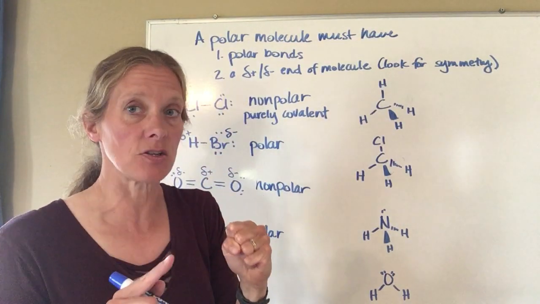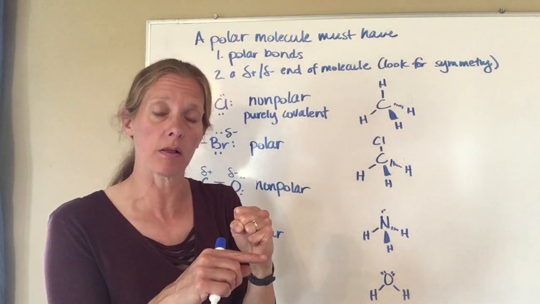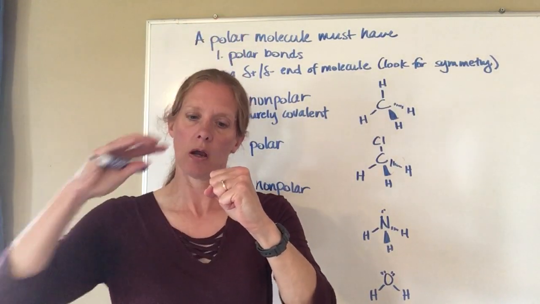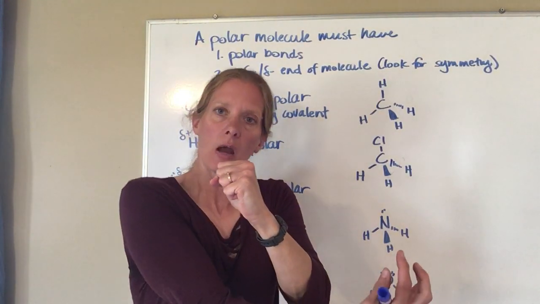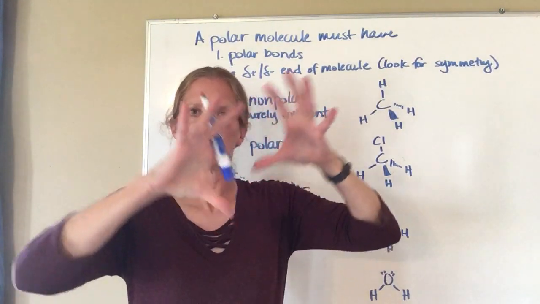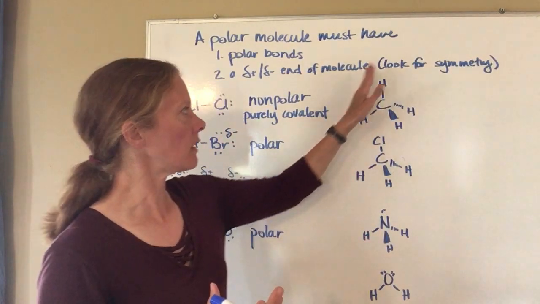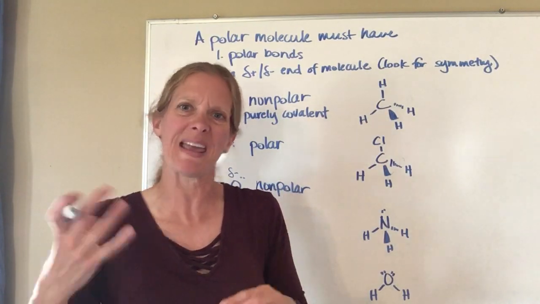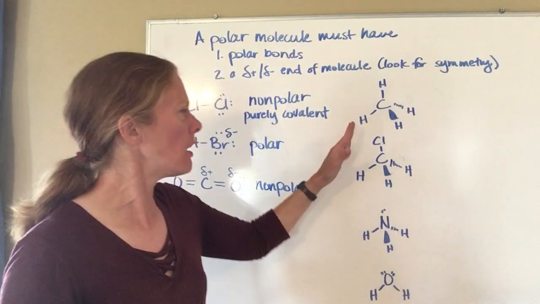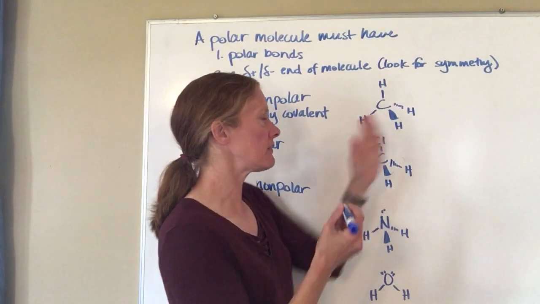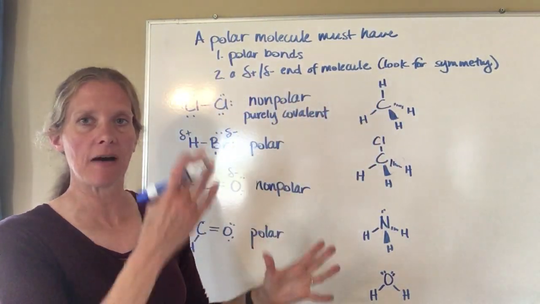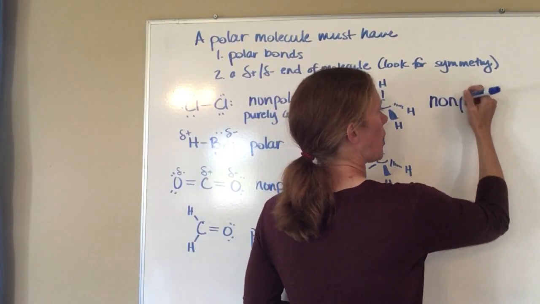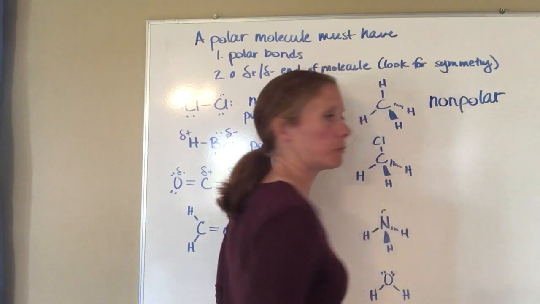If you watched the video where the gentleman had all of the really nice models, you see that the carbon's in the middle, and you've got hydrogen here, here, here, and here, so it's almost like a ball where all the hydrogens surround the carbon. I can't orient that molecule so that one end of it's different than the other end. It's a very symmetrical molecule, so even though the bonds are polar, I don't have sides of the molecule. So this molecule also will be nonpolar.